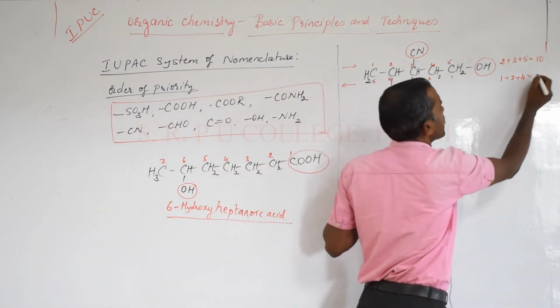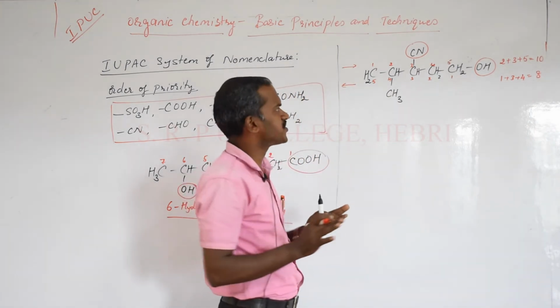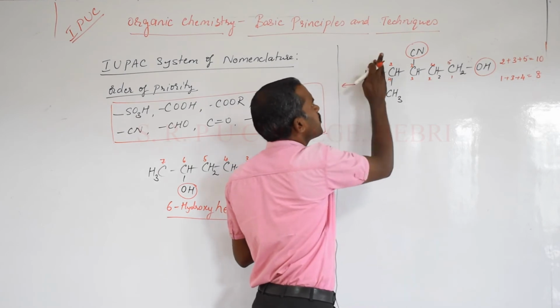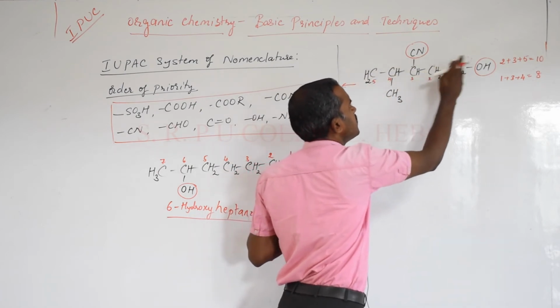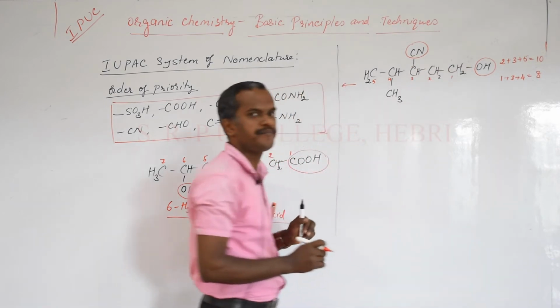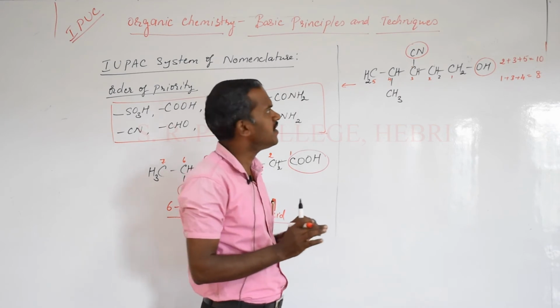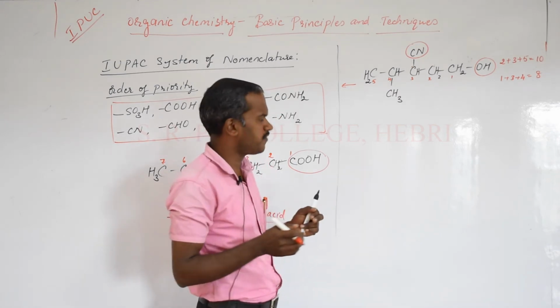Okay, so it becomes 8. So according to the lowest sum rule, you have to start numbering it from right to left only, not left to right. So this is wrong if you number it from left to right, because the lowest sum rule is applicable. Okay, so we numbered it, we got the substituents, and we have to follow alphabetical order as well as a priority to the functional groups.